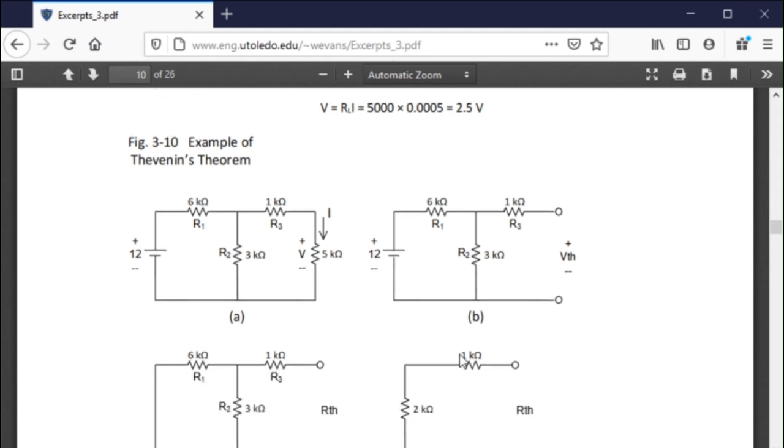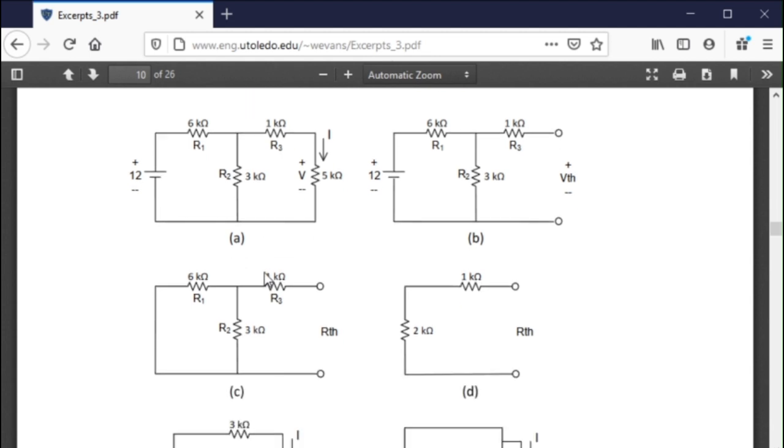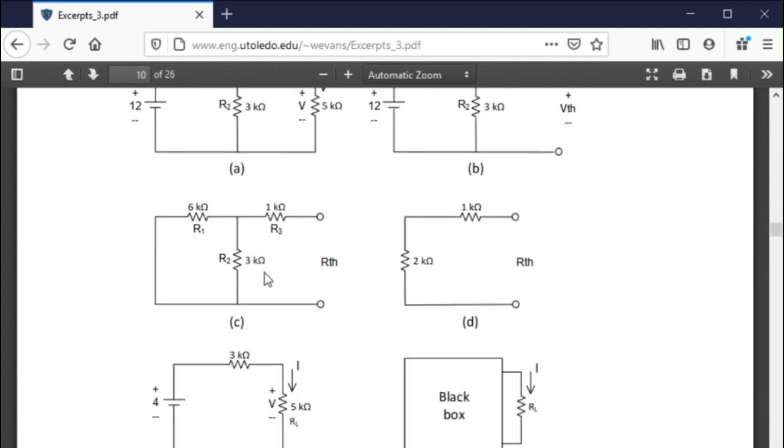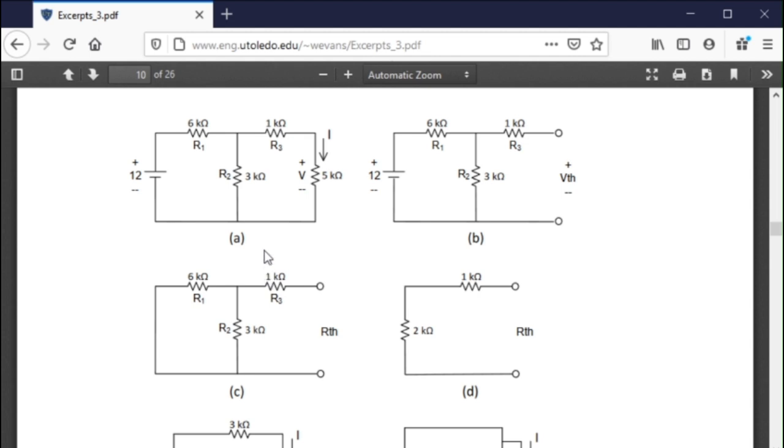I find the R Thevenin to be 1K plus 3 in parallel with 6, or 2K. So I basically come down and add those two together, so I have 1K plus 2K, which is 3K.